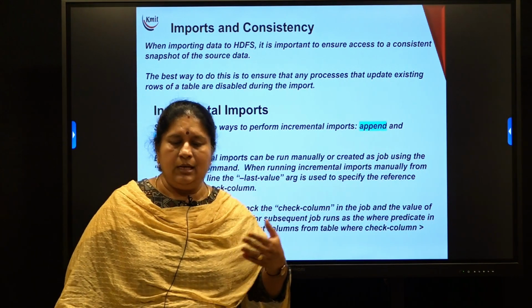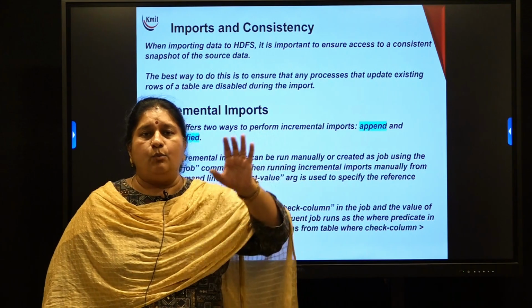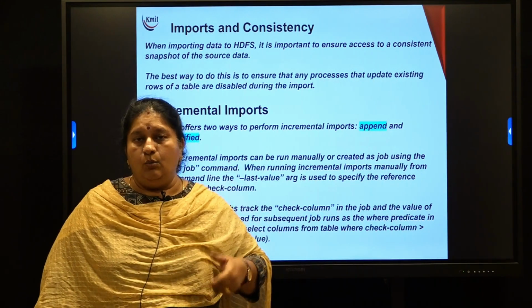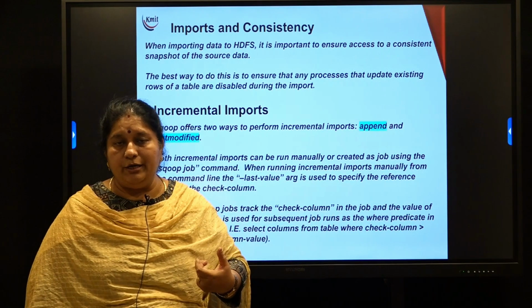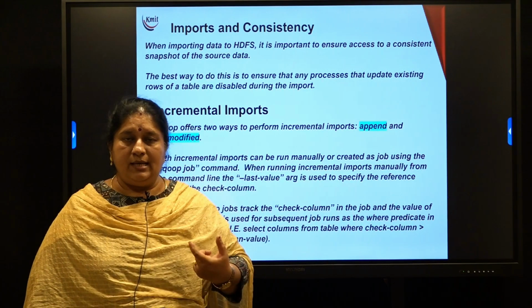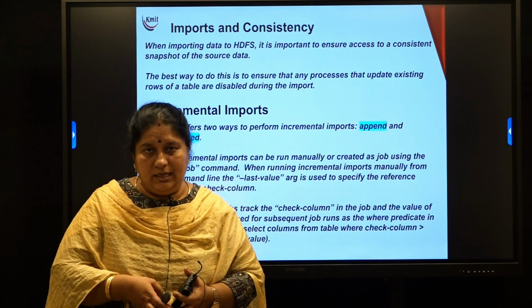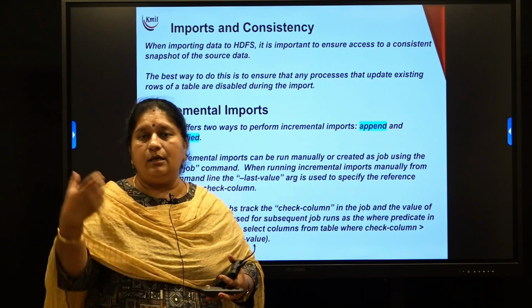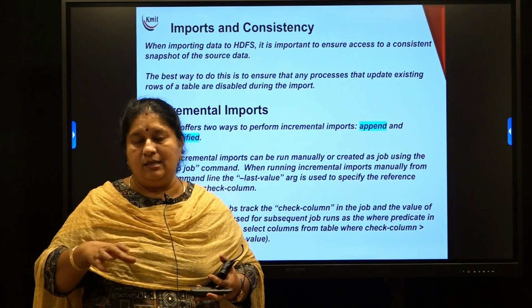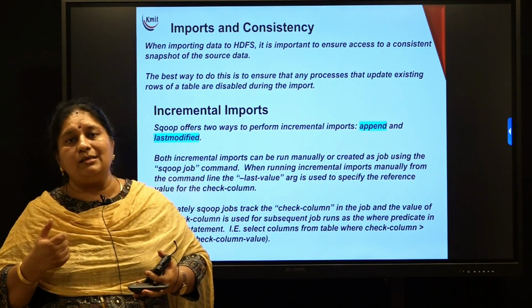Say for example, I had imported the student records from roll number 1 to roll number 100. What was the last value of roll number which I have brought into HDFS? In my example, it is 100, right? So generally we select the primary key, and the last value of the primary key that was brought into HDFS, we mark in a system variable called last value.